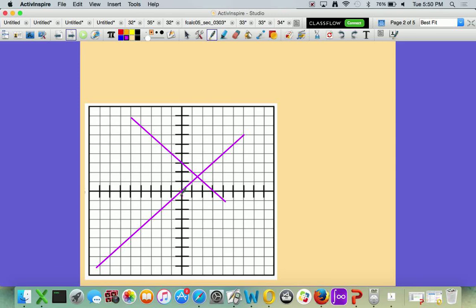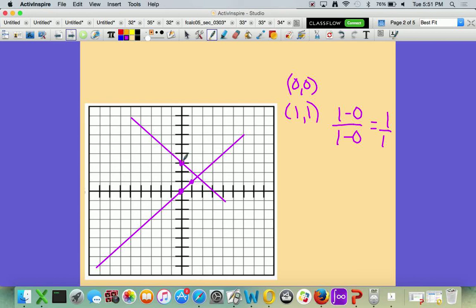So I'm going to start with this line. I'm going to start with this one and with this one. My ordered pair for that is 0, 0 and 1, 1. All right, slope y minus y over x minus x. Our slope is 1 over 1. For our other one, I'm going to pick out 2 points on that line too.